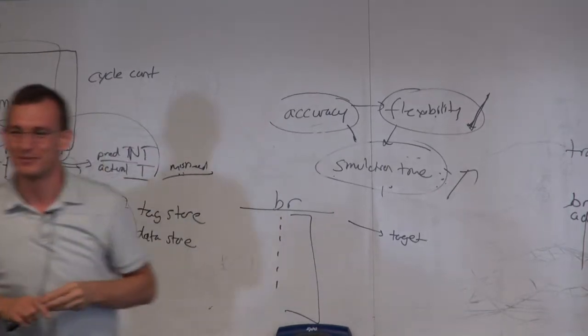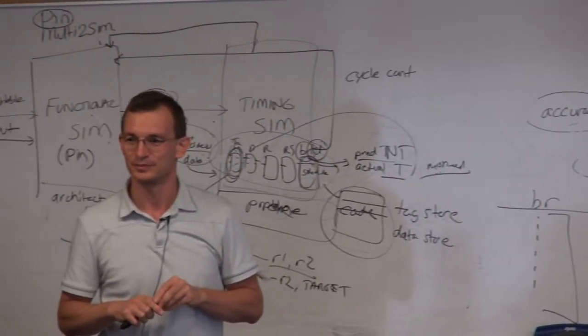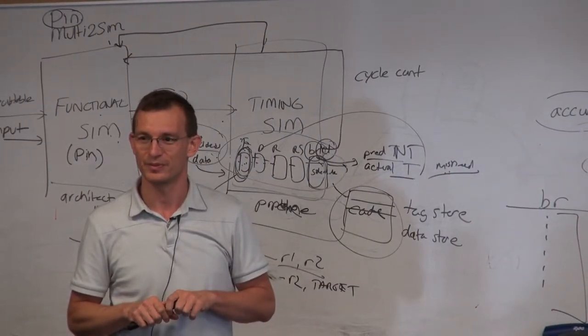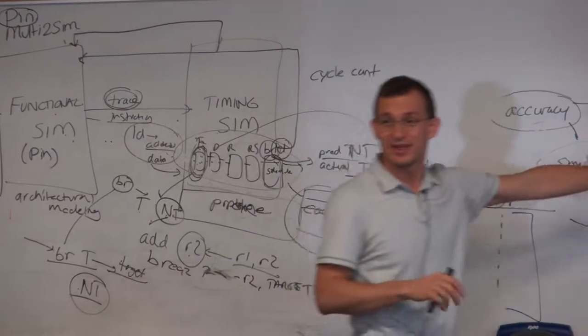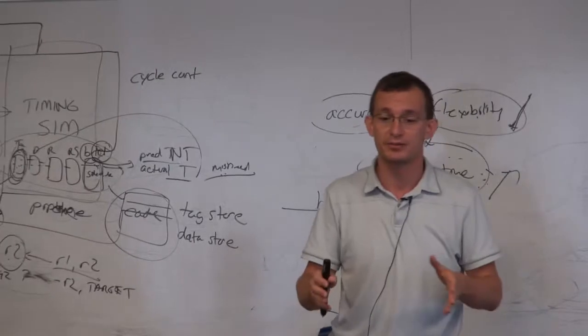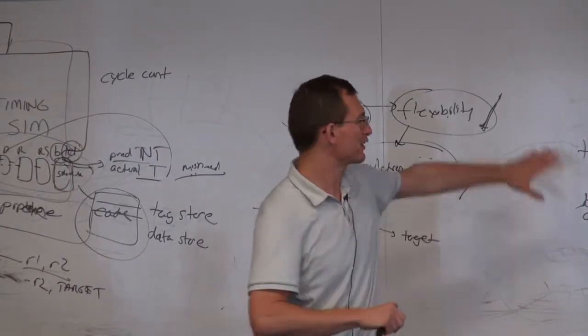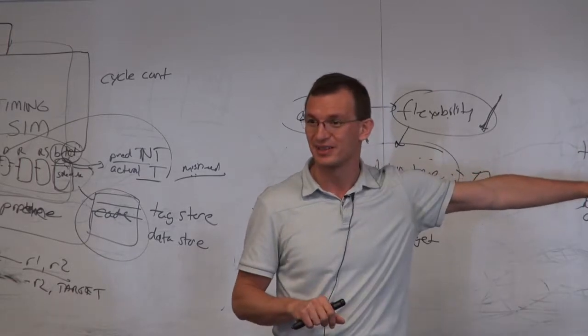So the accuracy difference mainly comes from the branch prediction. So that was one example. That can come from branch misprediction. But it really can come from, for example, you may not want to model some instructions, because those instructions require a lot of modeling, right?